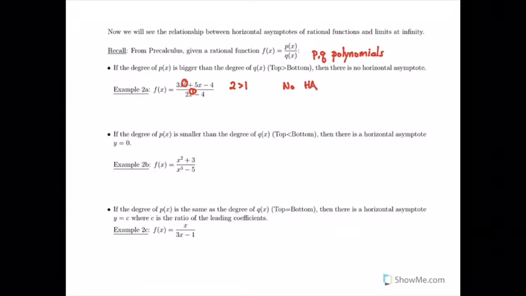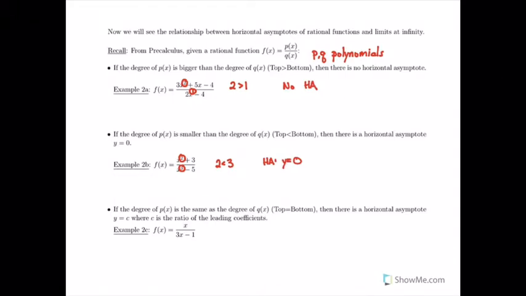If the degree of p of x is smaller than the degree of q, that is, the top is smaller than the bottom, then there is a horizontal asymptote of y equals 0. So in this case, the degree on the top is 2, the degree on the bottom is 3, 2 is less than 3, so we do have a horizontal asymptote of y equals 0.